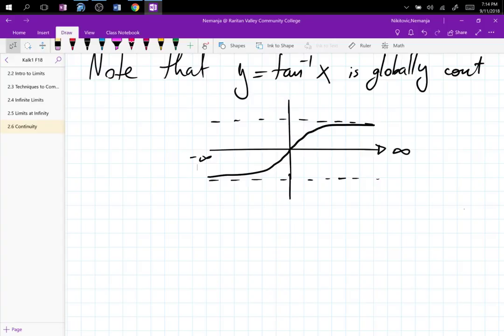So, one more concept left, and that's the intermediate value theorem, which utilizes the concept of continuity. It's like the application, right?